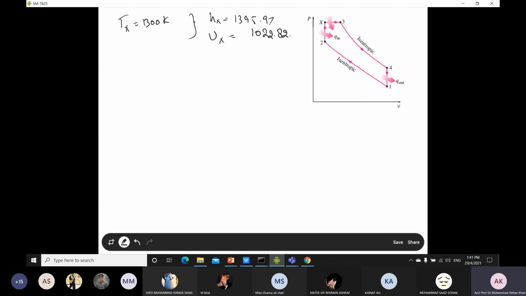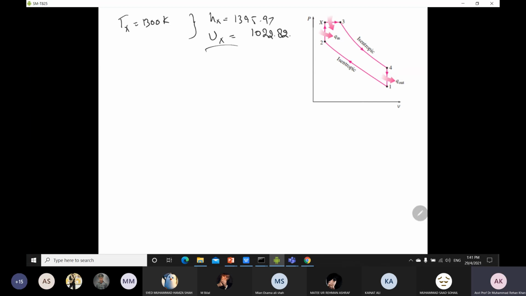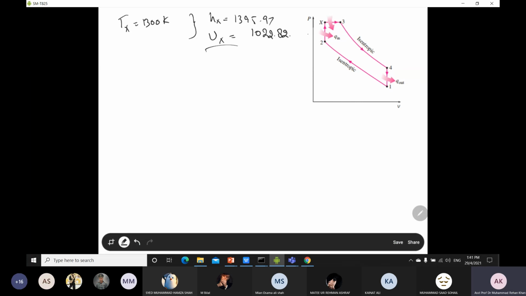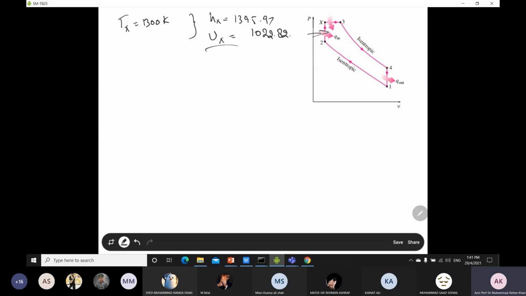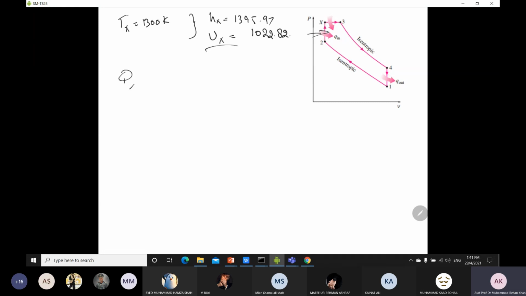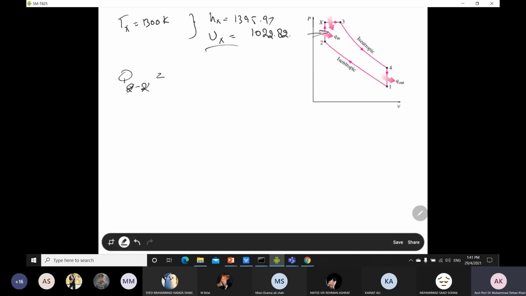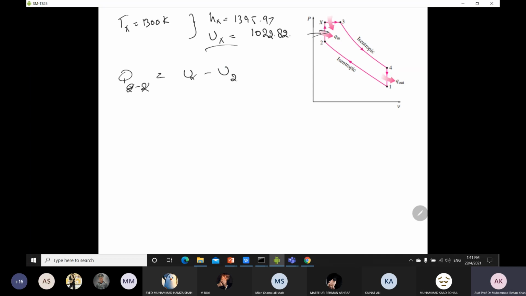We are interested in finding the value of Ux because the first part is to find the fraction of heat that is added during the constant volume heat addition process. So for that we have to find Qx2 or Q2x, which is Ux minus U2.